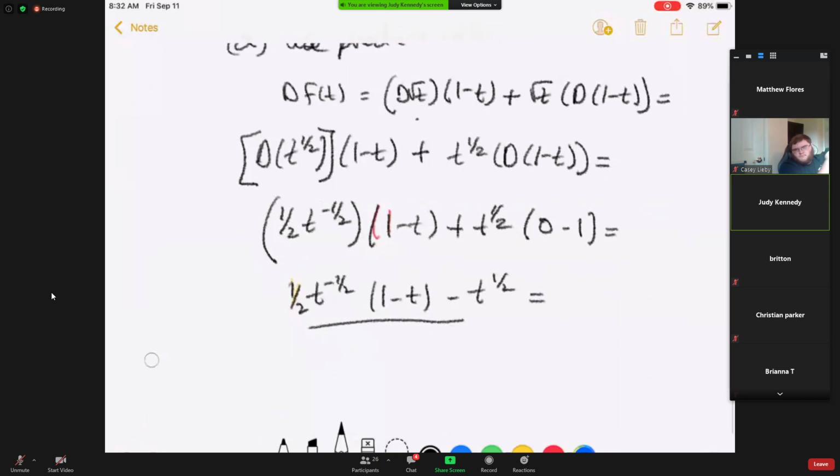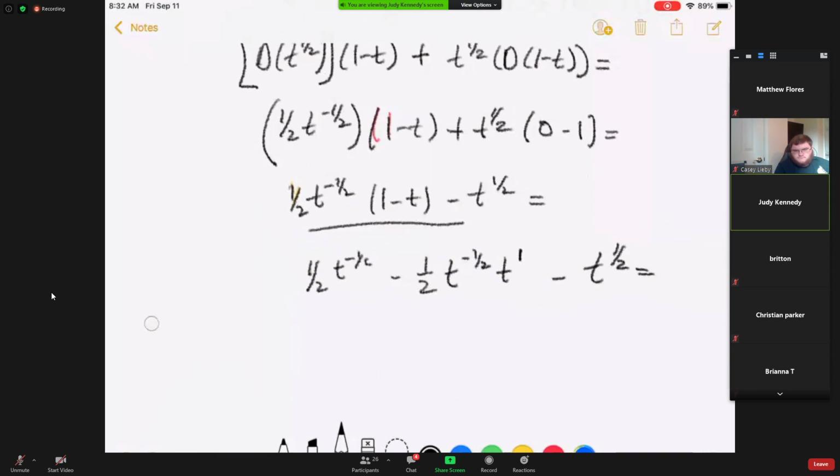That is a derivative. I could also multiply out: 1/2 t to the minus 1/2 times 1 minus 1/2 t to the minus 1/2 times t. Well, that's t to the first. So we have 1/2 t to the minus 1/2 minus, okay, and then t to the minus 1/2 times t to the 1.